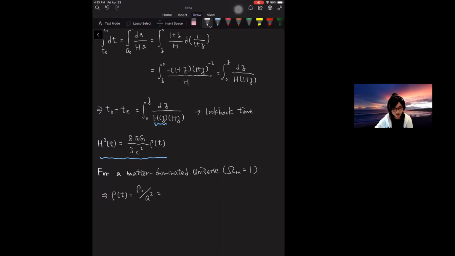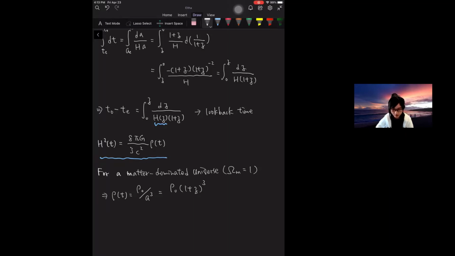And if we express it in terms of z, that would be rho naught times (1 plus z) cubed, right? So if we are in a matter-dominated universe, the density is related by a factor of a cubed.